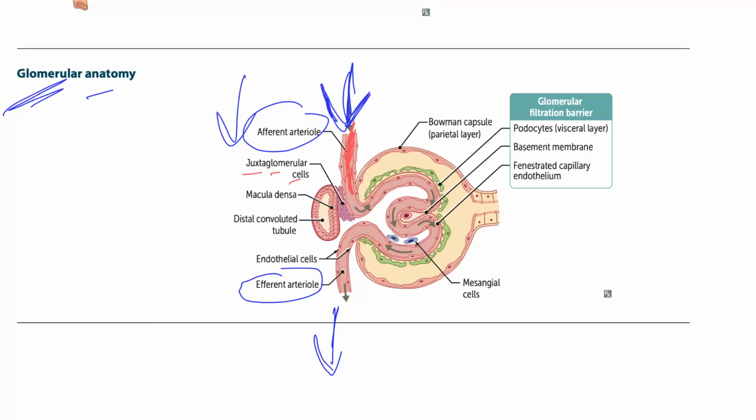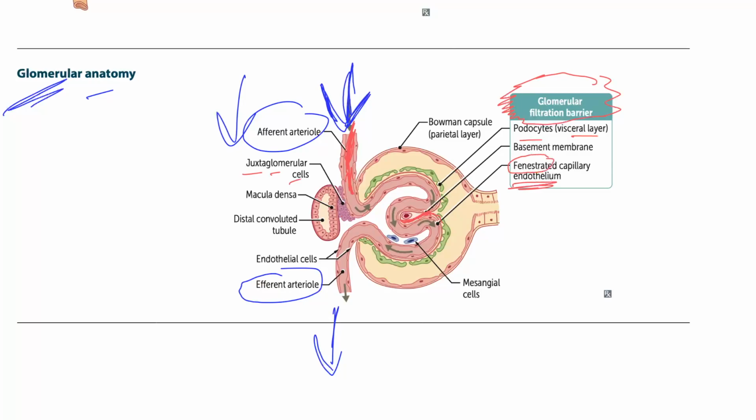But from here, how do we form the glomerular filtration? Well, that is formed by, going from inwards to outwards, the podocytes, which is the visceral layer, then the basement membrane, and the third thing is the fenestrated capillary endothelium.